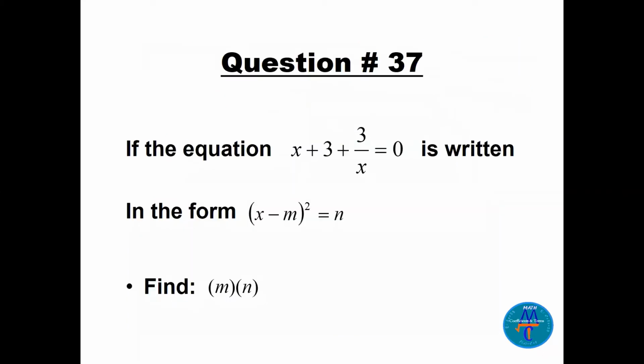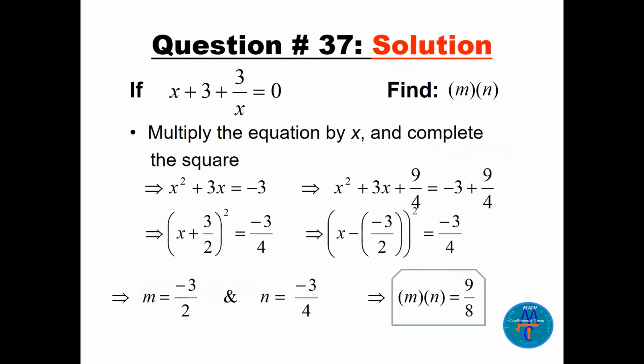Question 37: if you look at the equation, we need to write it as (x − m)² = n, and then find m times n. So x² + 3x = 0. That's a quadratic equation, by the way. You complete the square. So this becomes x² + 3x, take 3 on the other side.